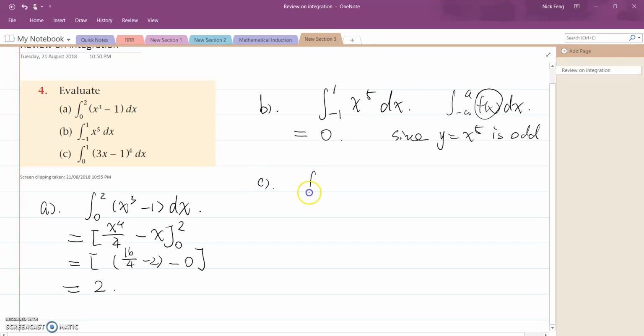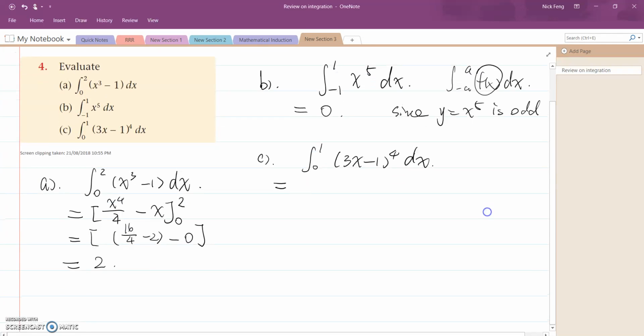Part C. Now, this is raising power to a linear function, (3x minus 1) to the power of 4. As I've mentioned before, this is a simple example of reverse chain rule, which we're going to do later on next lesson. So in this case, we can't integrate it straight away because it's not ready, technically speaking. We need the component for us to actually integrate this.